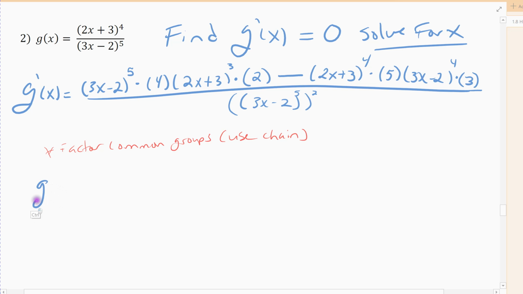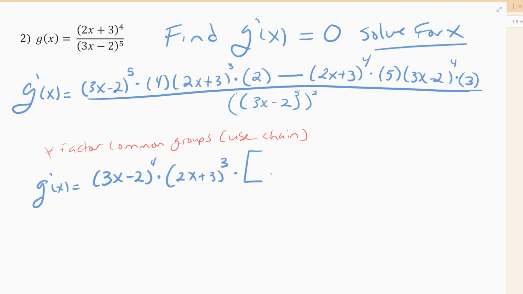Alright, so I can pull out the group 3x minus 2, but I can only pull out 4 of those because I've got 5 here but only 4 there. Times the other group I can pull out, which would be the 2x plus 3. I can only pull 3 of those out because I've got 3 in the first term and 4 in the second term, so 3 is it. And so there's the two groups, and then what's left over, and again, I like to use brackets to remind me that I usually have to simplify what's left over.